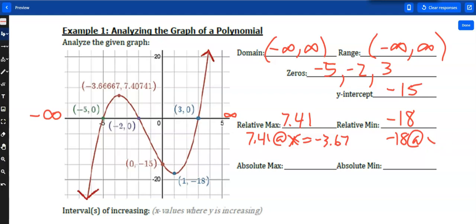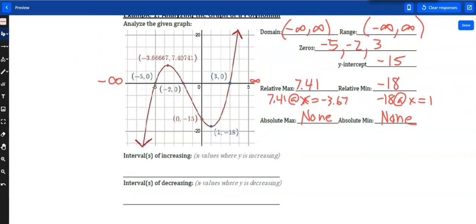What am I saying? Absolute max? None. Or we could say not applicable, something like that. Any of those choices would work, but you could literally just say none if that would be what you would want to say.